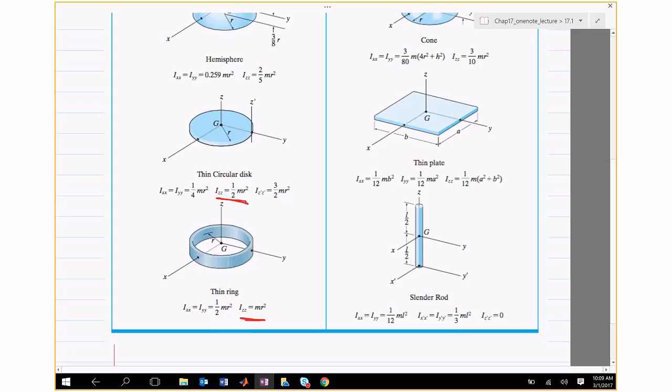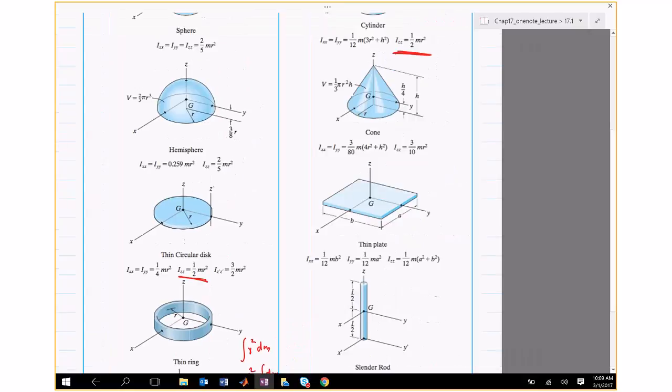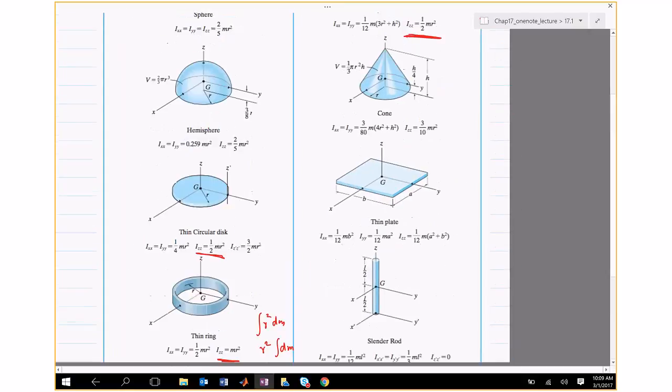If you think of the integral of r squared dm, the mass is uniformly distributed along the rim, so you can pull out r squared and you get the integral of dm, which is just m. That's how you get this formula. That's super easy. The ones you really have to remember are this m r squared divided by 2.